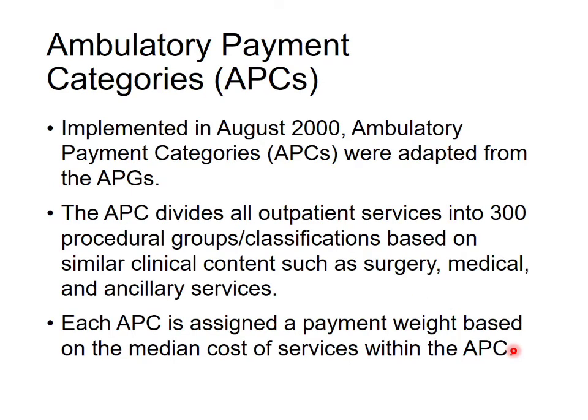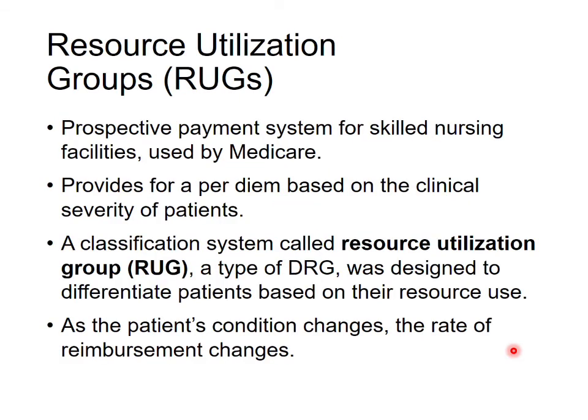So through the ambulatory payment categories, they were able to divide all the outpatient services, all the procedural services, into different groups, and that was able to give a cost associated with all those services, and that helped provide this prospective type of reimbursement method for healthcare providers.